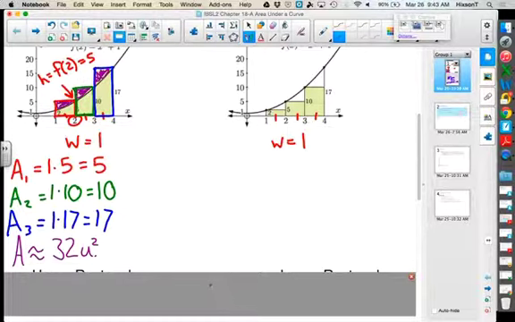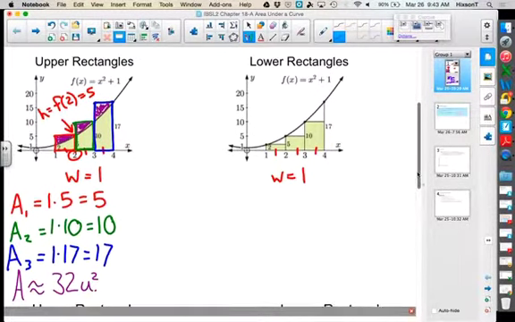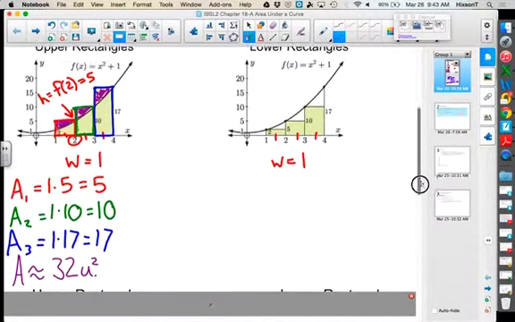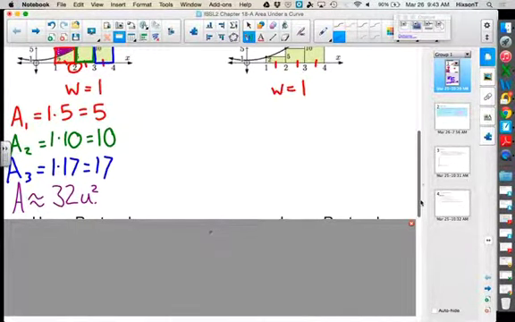Now, there's not a good way to get rid of that because, again, one of the sides is curved, all right? Now, if we come over here and look at the lower rectangles, by the way, they'll often use A sub U for the area of the upper rectangles.